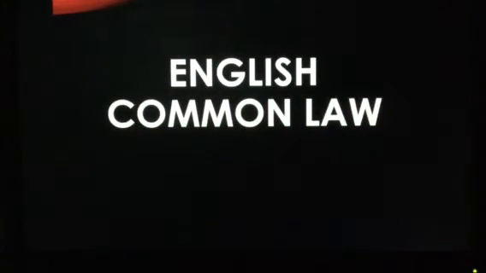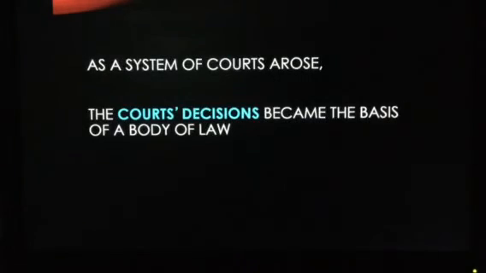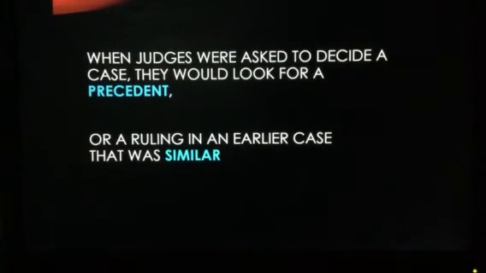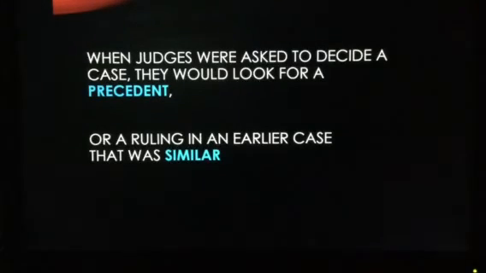English common law. Early on, England had no written laws except rules to live by established by tradition. As a system of courts arose, the court's decisions became the basis of a body of law. When judges were asked to decide a case, they would look for a precedent.